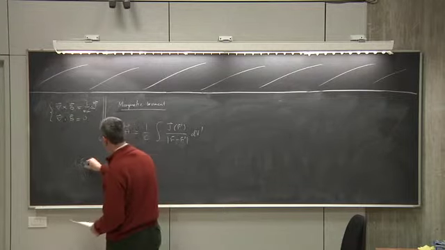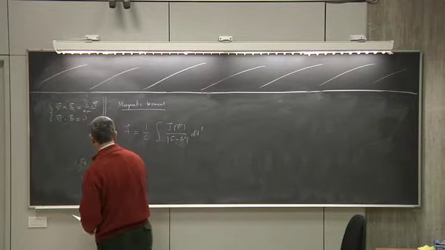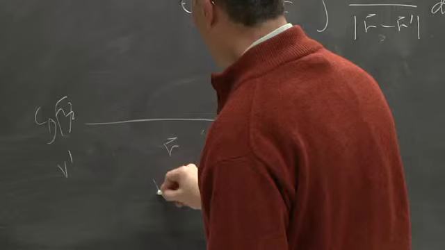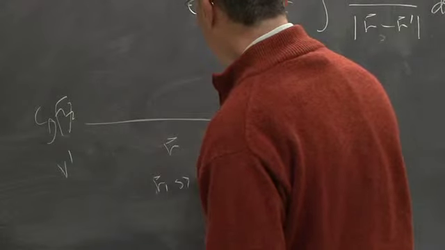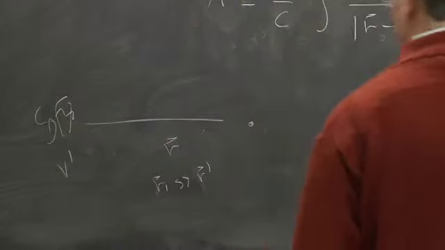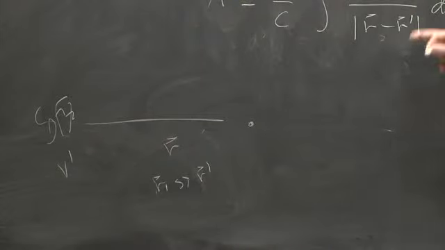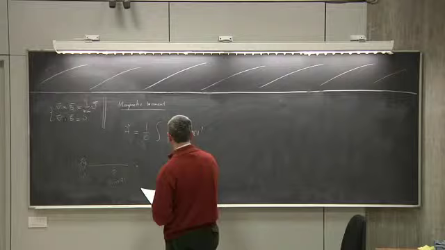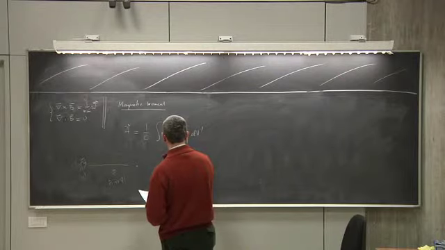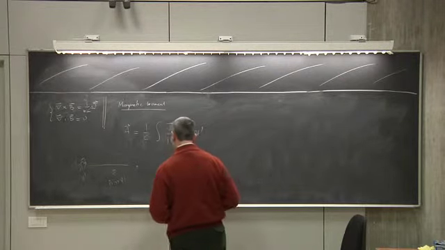And you look at this current distribution at the distance R, and R is much larger than the typical size of this volume, R prime. So you want to expand the 1 over R minus R prime, exactly as we did before.